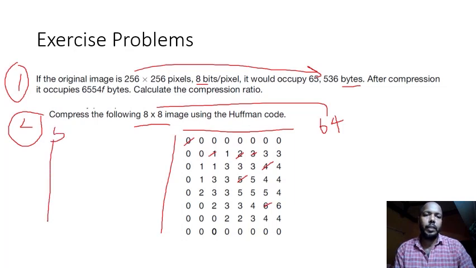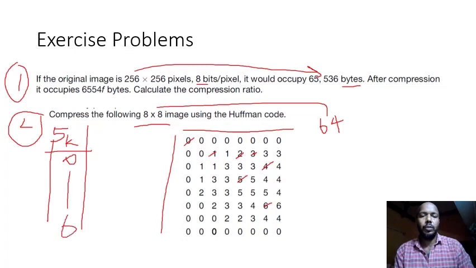Let me call it SK. First you have to prepare the table which consists of one column for symbols, 7 symbols from 0 to 6, and the next one is the probability, P of K or PK.